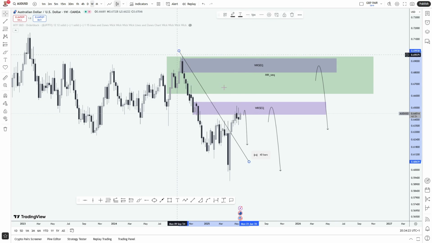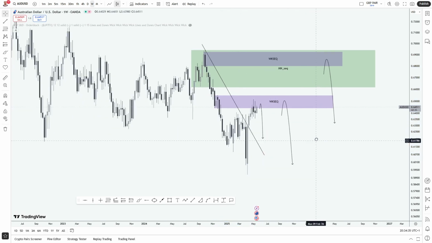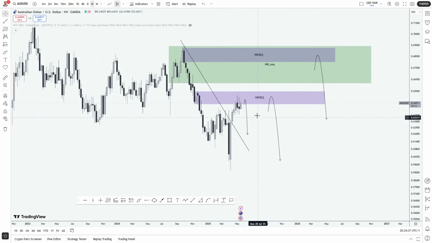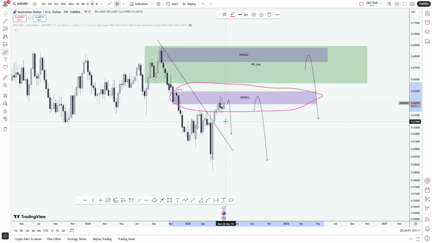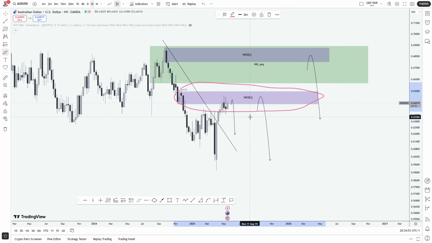And it also has to eliminate at least one zone and one opposing zone, either an opposing demand zone or an opposing supply zone. As it is right now, we are going to say that the weekly is in a bullish consolidation. So until this zone right here is eliminated, we remain bullish on the weekly time frame.